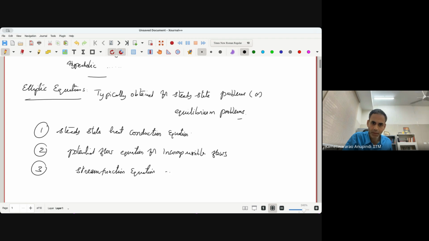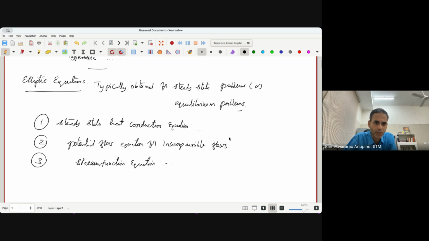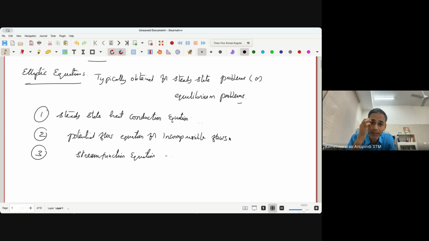These are a few examples of where you may get elliptic equations. You can also get elliptic equations in other equilibrium problems, and maybe in structural loading problems, because these are basically under equilibrium.